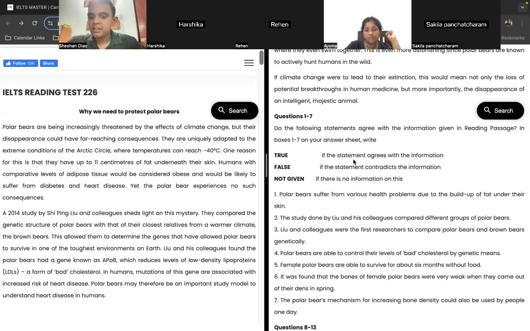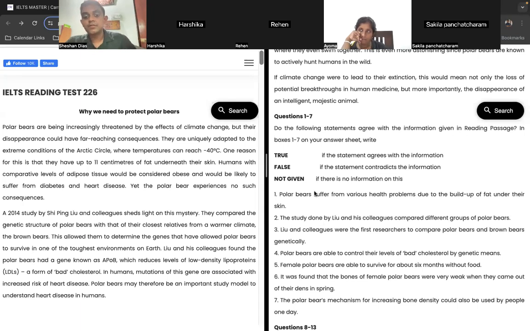If a statement agrees with the information, that means information about your answer is given here and both of them agree. That means it's true. If what is given here and what is given here is different, then it's false. But the information is still there. There is information about it, but it's not the same.